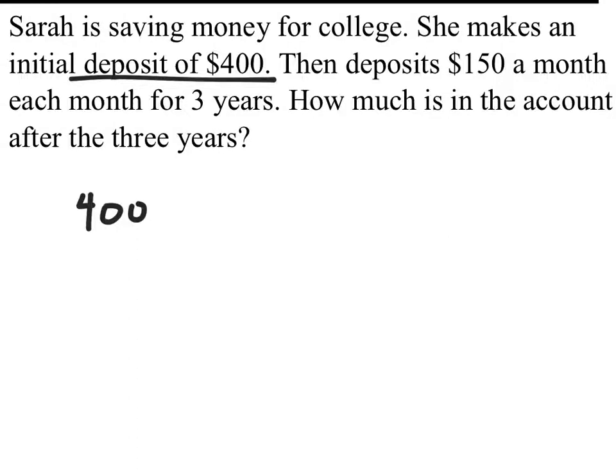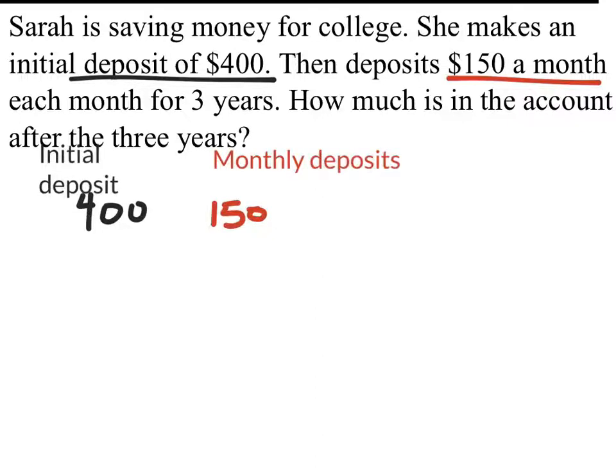But then it says she's going to deposit $150. So we've got the $150 there. The $400 is the initial deposit. But then she's got the monthly deposits after that. So there's $150 for 3 years.